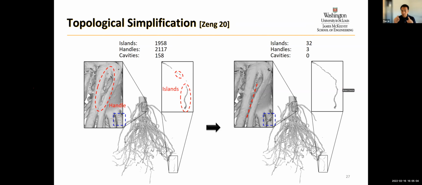So if you look at the dotted box on the right-hand side, our algorithm decides to cut a root branch in the middle in order to remove one of the handles. And of course, that's not a reasonable thing to do, but our optimization algorithm is guided towards minimizing the number of voxels that are changed between the input and the output.